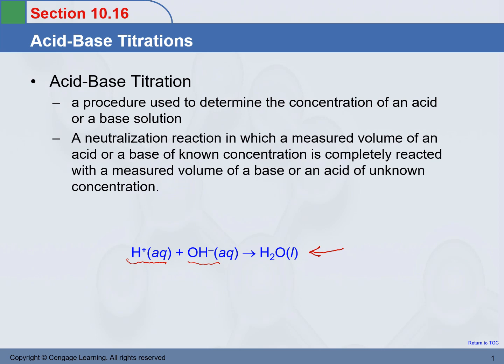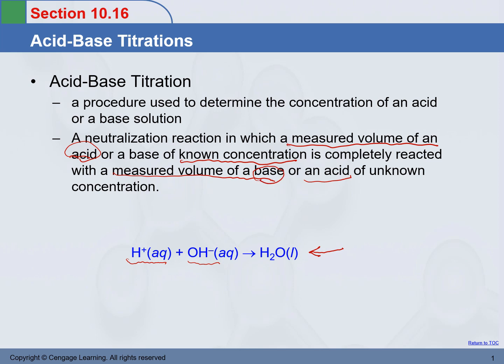It is a neutralization reaction in which a measured volume of an acid or a base of known concentration is completely reacted with a measured volume of a base or an acid. If you're using an acid here, it's going to be a base here.